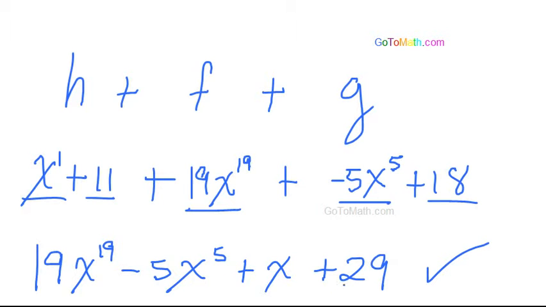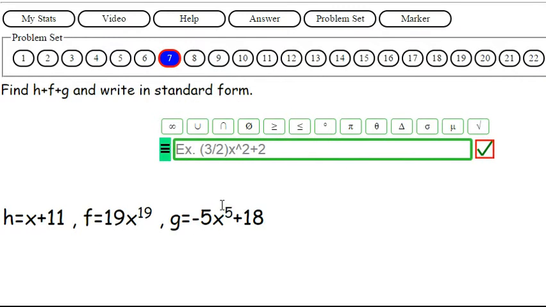All right, and there it is. Let's see if I can remember at least one part of that. 19x to the 19th minus 5x to the 5th plus x plus 29.